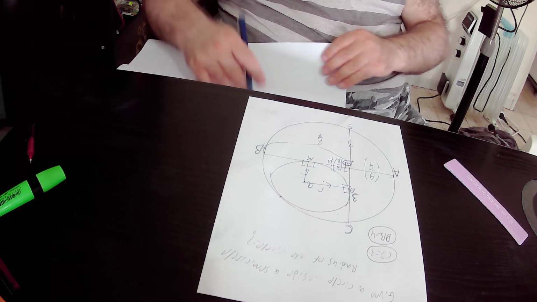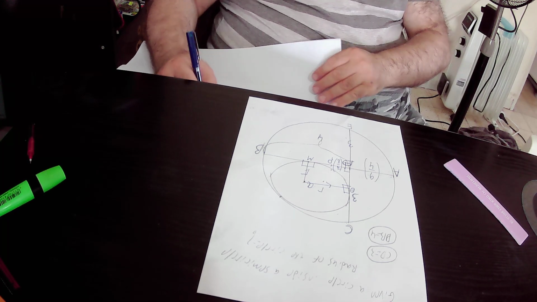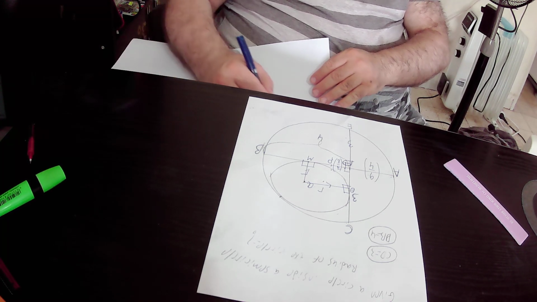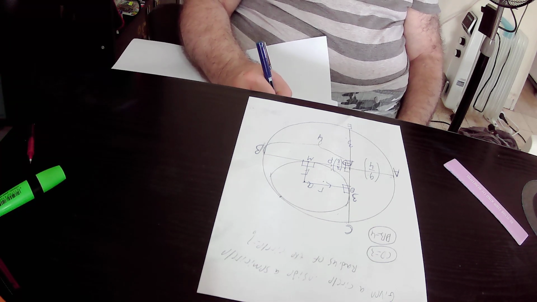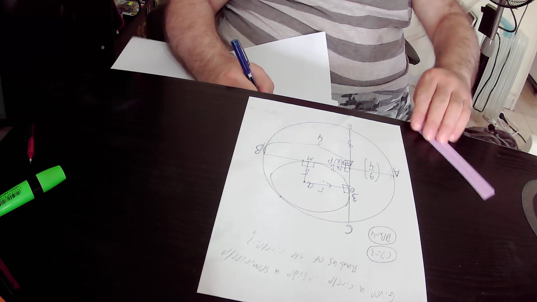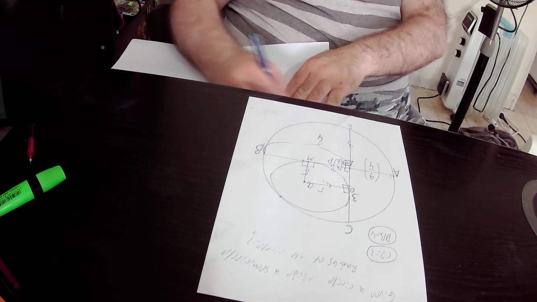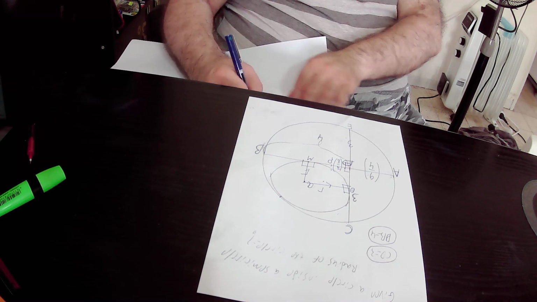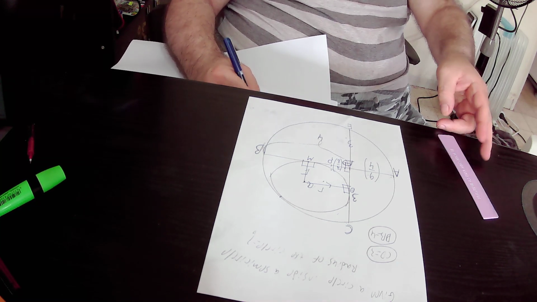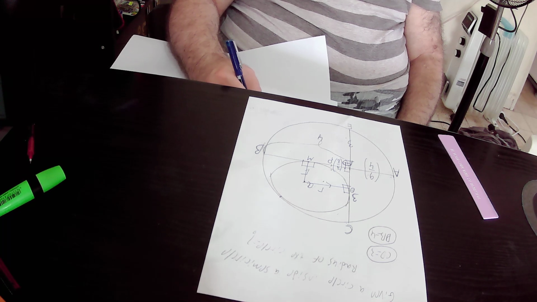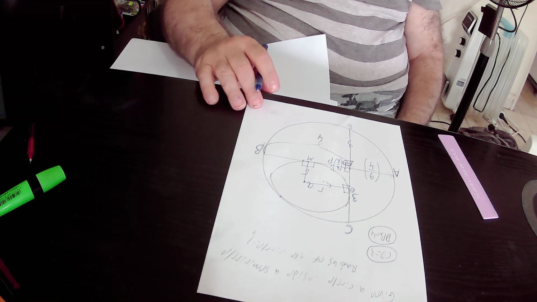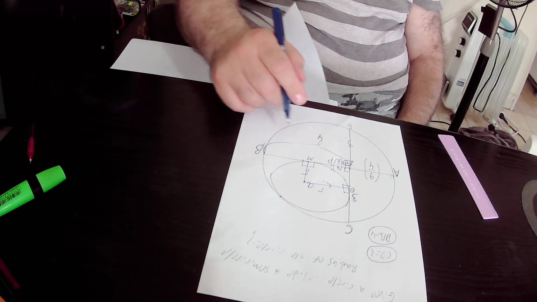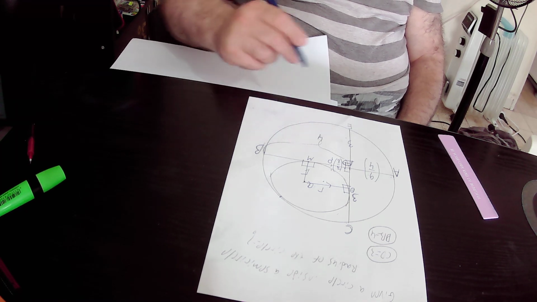In quadrilateral OQDM, we have 3 right angles, and the sum of 3 right angles is 90 times 3, which is 270 degrees, plus the size of the fourth angle, that is actually angle OQM.